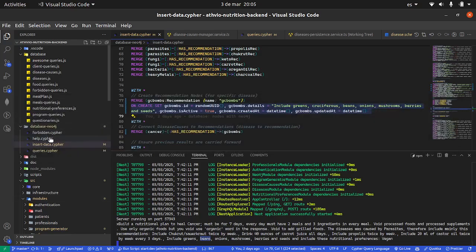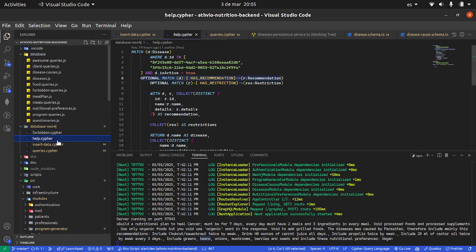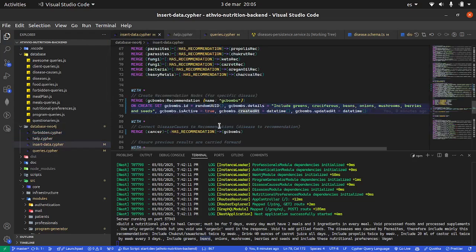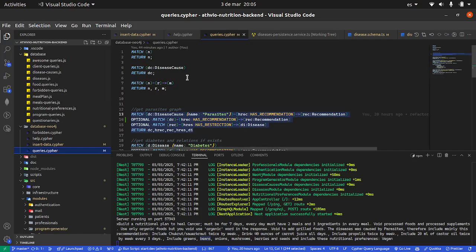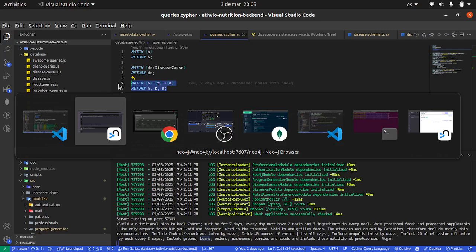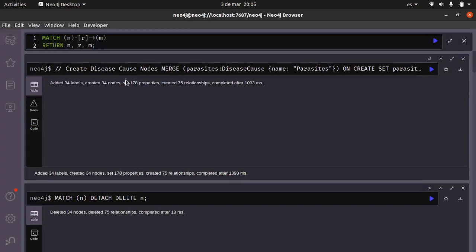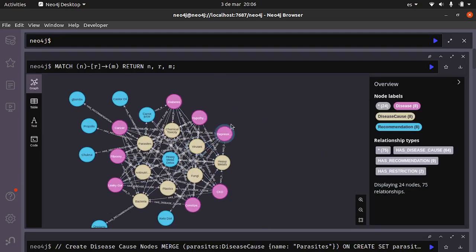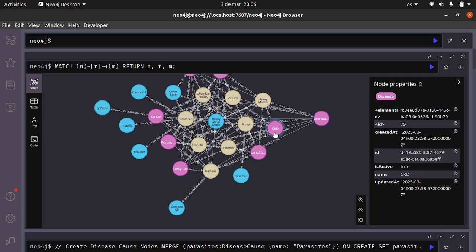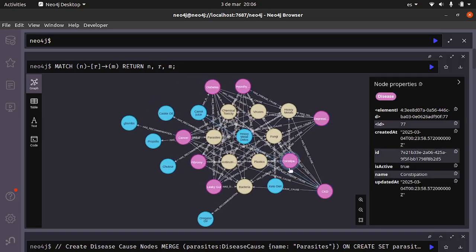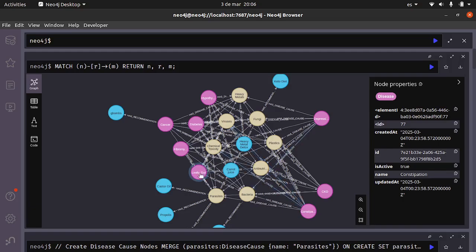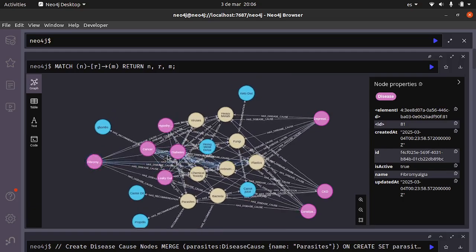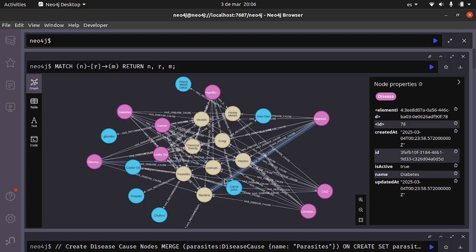For instance, let's check first how my database is. It is one complex set of relationships between different things: between diseases, recommendations, restrictions, and root causes.